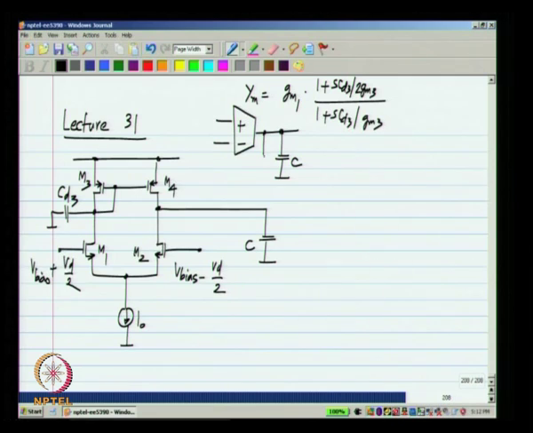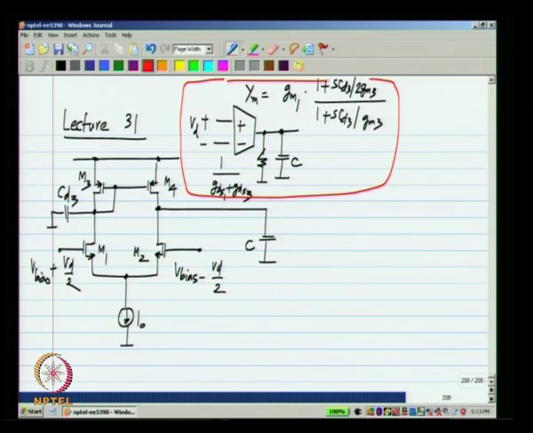And it also has an output resistance which is equal to 1 over (GDS1 plus GDS3). So, this is the model corresponding to this op amp.